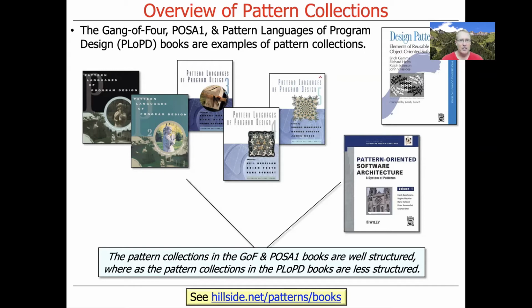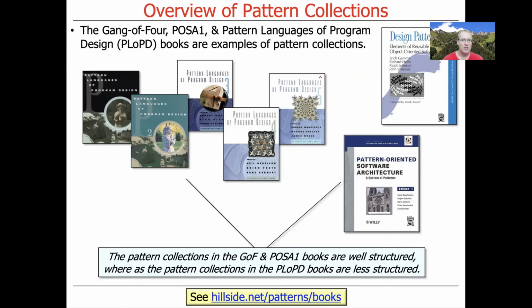The pattern collections described in the Gang of Four and POSA 1 books are well structured. They organize them into different categories. You have things, for example, like creational patterns or structural patterns or behavioral patterns and so on. Conversely, the pattern collections described in the PLoPD books are less structured. Those books were all written by different authors with different perspectives, looking at patterns in different ways.